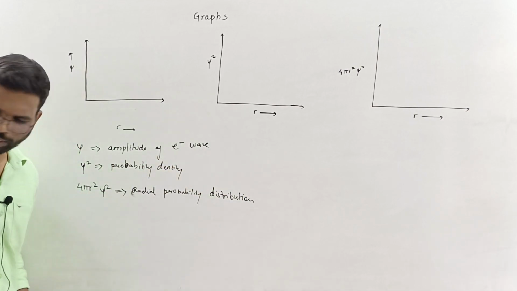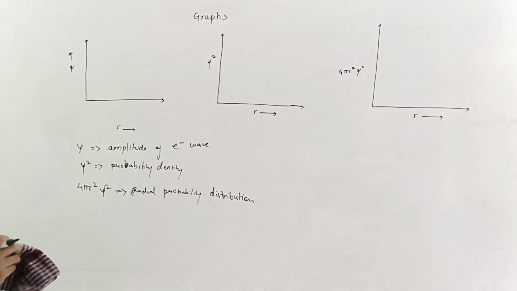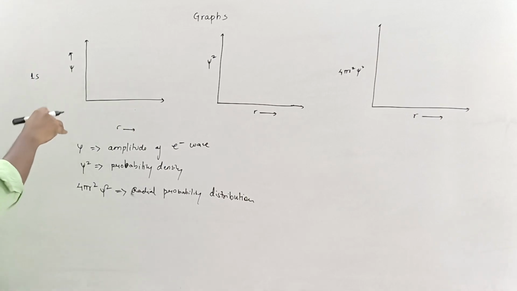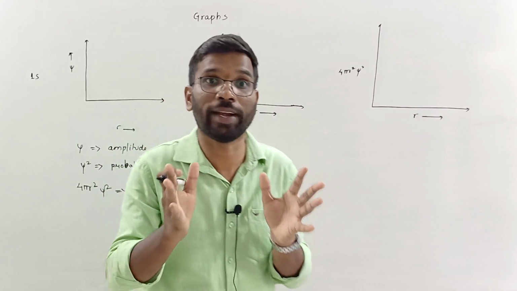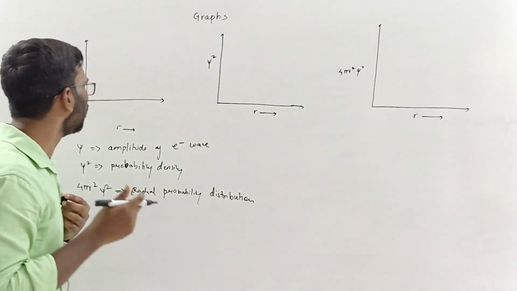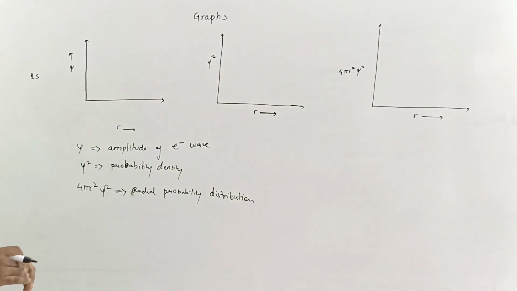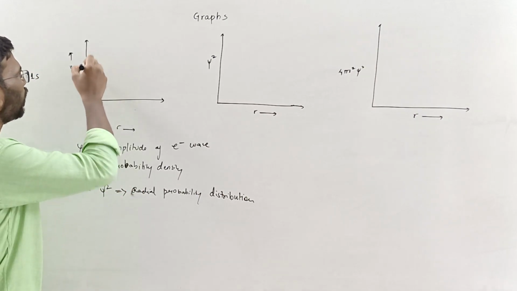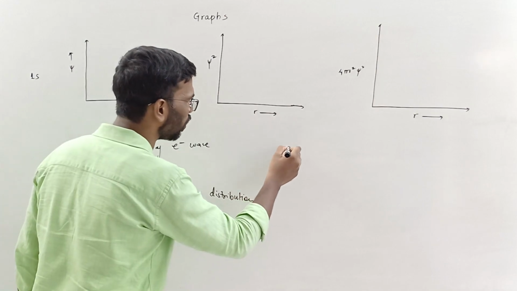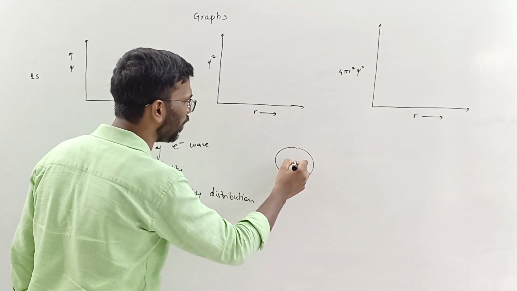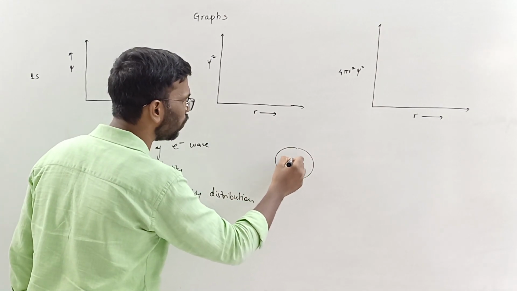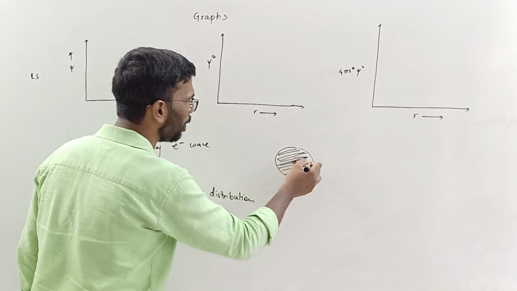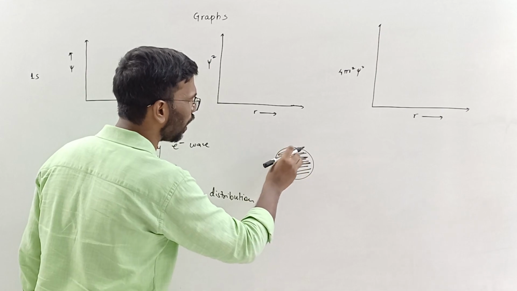Okay, so we are going to discuss this for one orbital at a time. Let's start with a 1s orbital. In here I am going to consider only radial nodes. For the 1s orbital, the radial node is 0. For psi, the wave function of the s orbital, this is the nucleus, and if you see the picture of the s orbital, at the center there is a high probability.